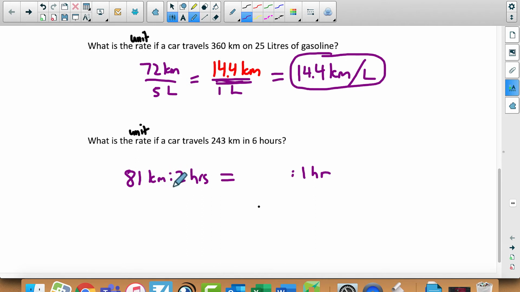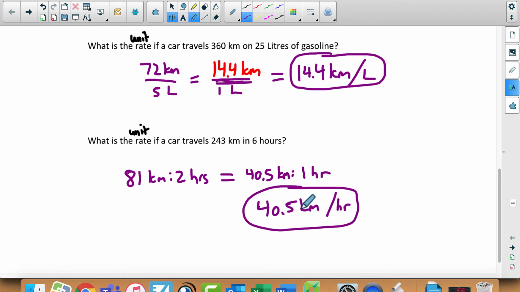Even if it gives you a decimal, that's okay. If you do 81 divided by 2, you'll get 40.5, and it's kilometers. So you get 40.5 kilometers per 1 hour, or 40.5 kilometers per hour. Again, I'm sure you're used to seeing something like kilometers per hour.